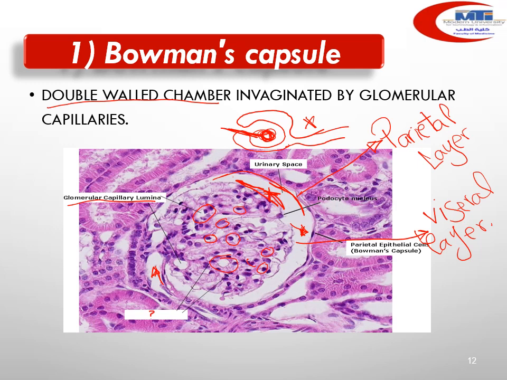As you can see here, you have a parietal layer and a visceral layer. The visceral layer is lined by a cell called podocytes, whereas the parietal layer is lined by just simple squamous epithelium, and it just separates the Bowman's capsule from the surrounding. That's all.